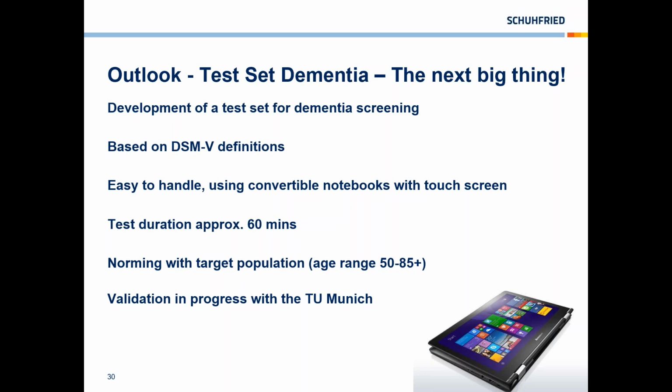And he's our cooperation partner from the beginning of Test Set Dementia. So he gives us the scientific and theoretical background, and he's also doing the validation together with us. So Test Set Dementia is keeping us busy at the moment, and it's supposed to be released by the end of this year. And then I think we'll have one really interesting new addition to our portfolio.